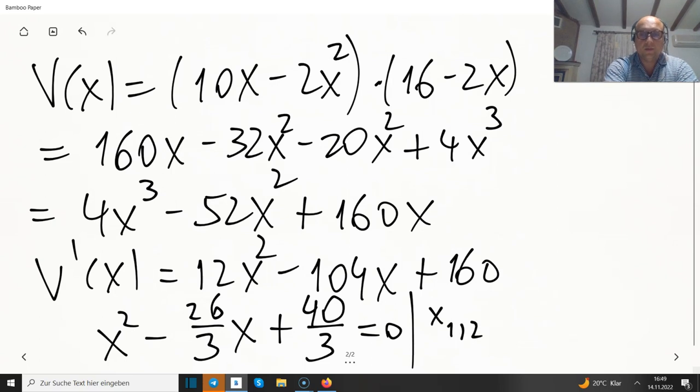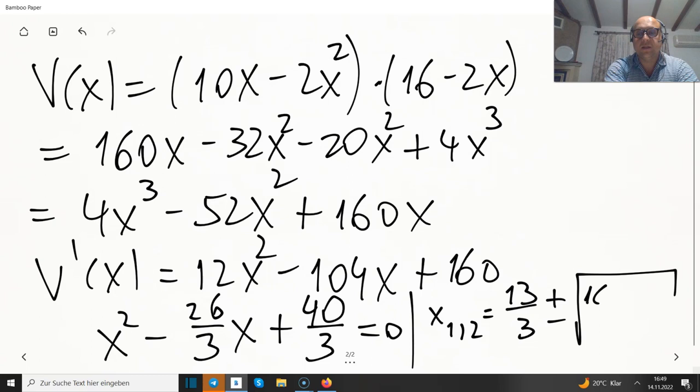x1,2 is 13 thirds plus minus the square root of 169 divided by 9 minus 120 divided by 9.